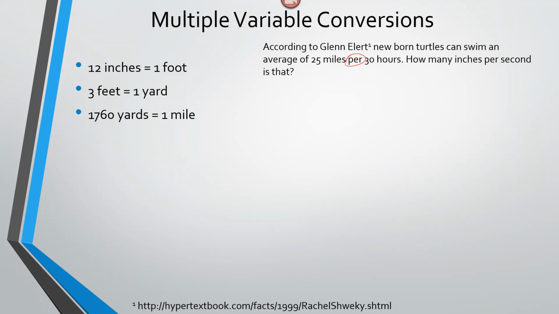In other words, if we take 25 miles and we divide it by 30 hours, we get some unit here, miles per hour.